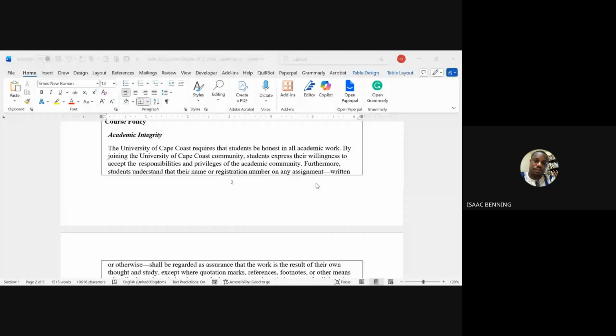So by joining the University of Cape Coast community, students express their willingness to accept the responsibility and privileges of the academic community. So you have some freedom to enjoy, like I'm teaching you. It's your right that I have to teach you. It's your freedom to use our facilities once you have paid your fees.